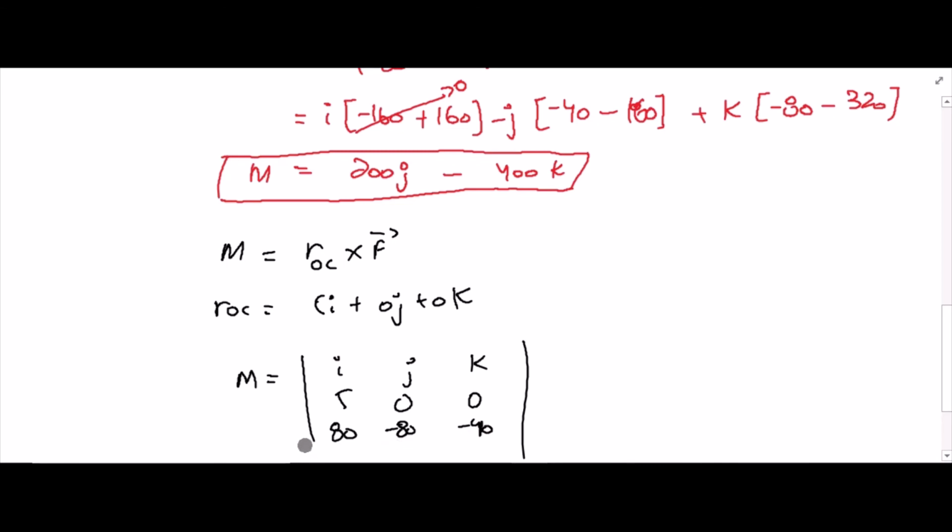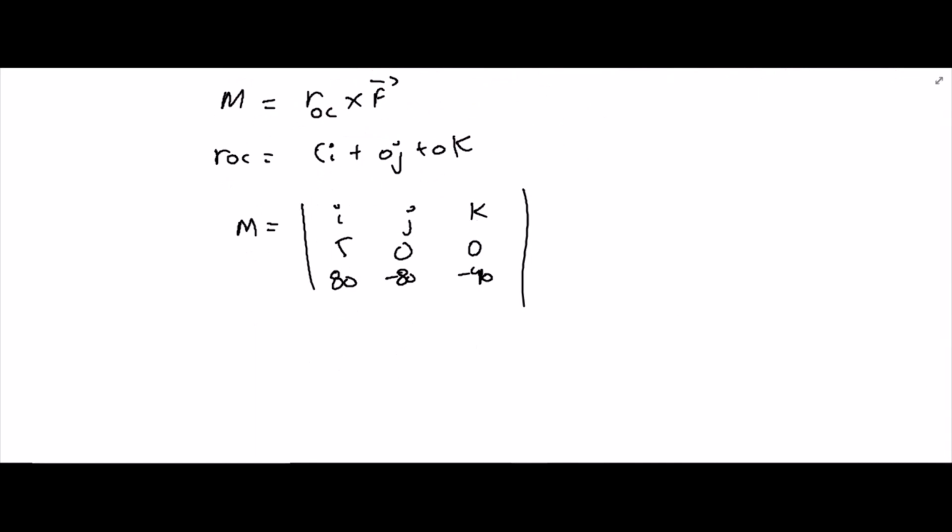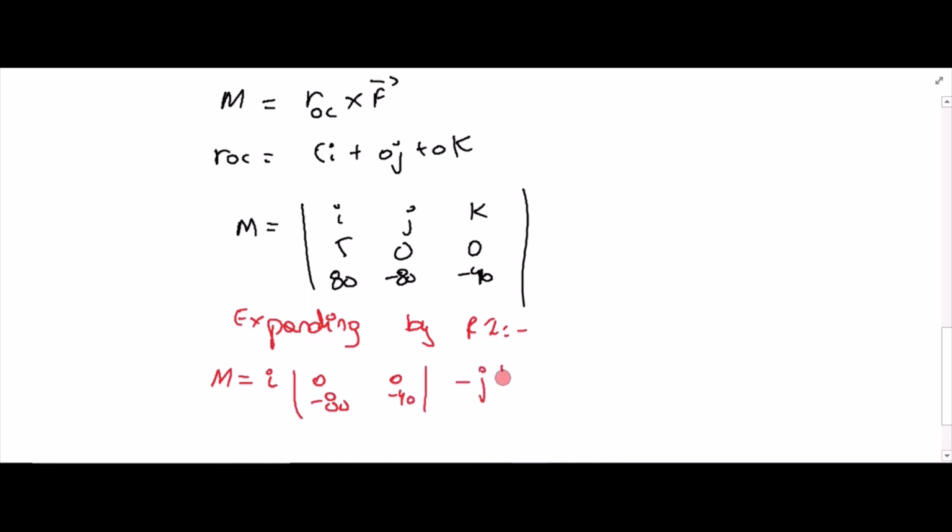This is the value of force F. Then again by expanding from row one, I have the moment equal to i times (0 times -40 minus 0 times -80), minus j times (5 times -40 minus 0 times 80), plus k times (5 times -80 minus 0 times 80).